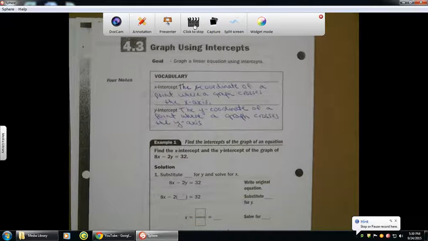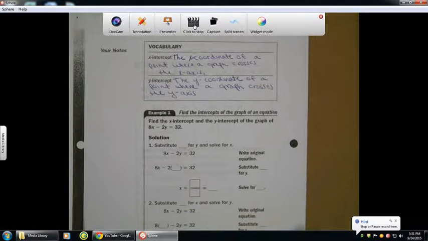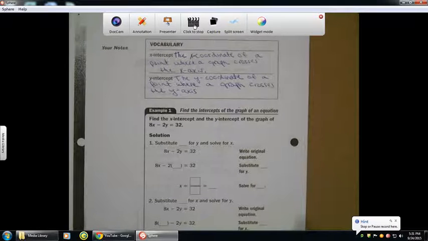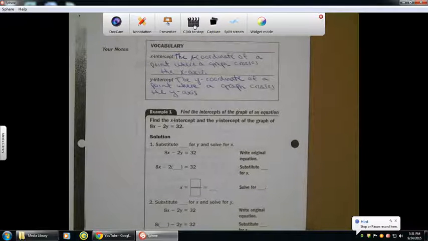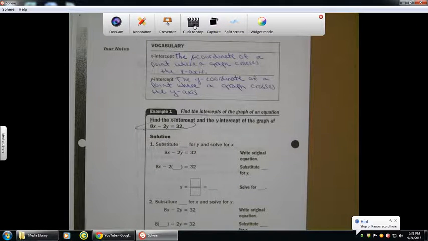So to find the x-intercept of an equation, what we need to do is substitute a 0 in for the variable y. If you look, this equation is in standard form.